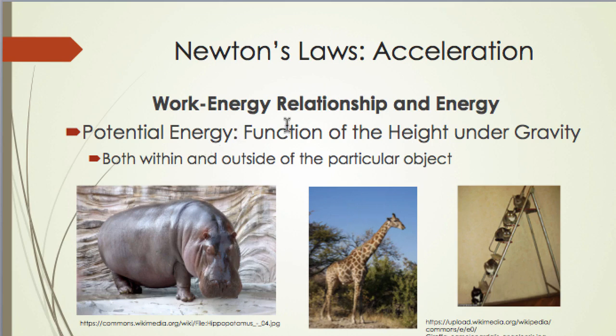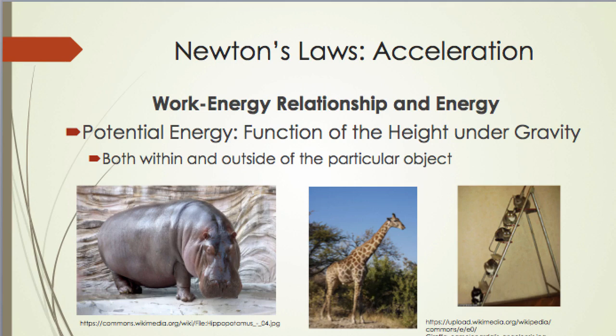So potential energy is a function of height under gravity. Assuming that the giraffe and the hippopotamus were the same mass, which one would have the highest potential energy? Which one would cause the most potential damage or force to the earth if they fell over, if you want to think about it that way? It would be the giraffe, right?